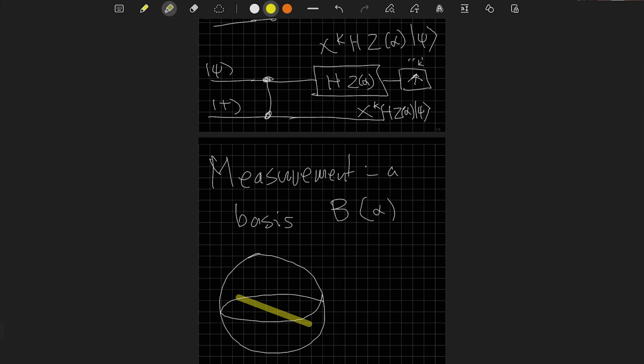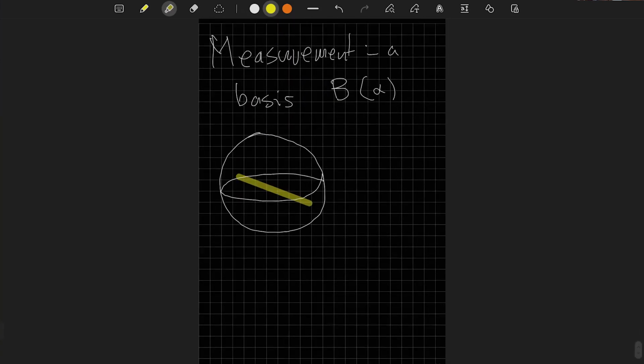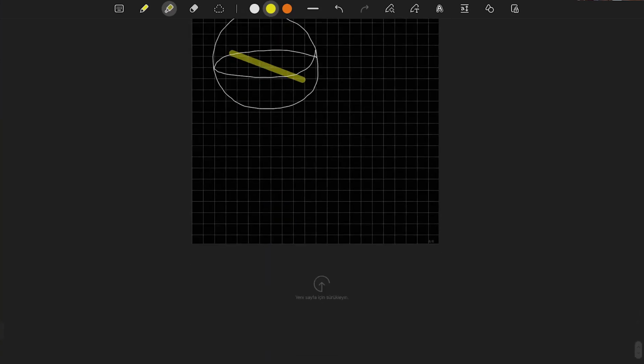Now let's take this idea a bit further and see how we can implement a full arbitrary one qubit rotation with this measurement process. So now what we could do is build another circuit.